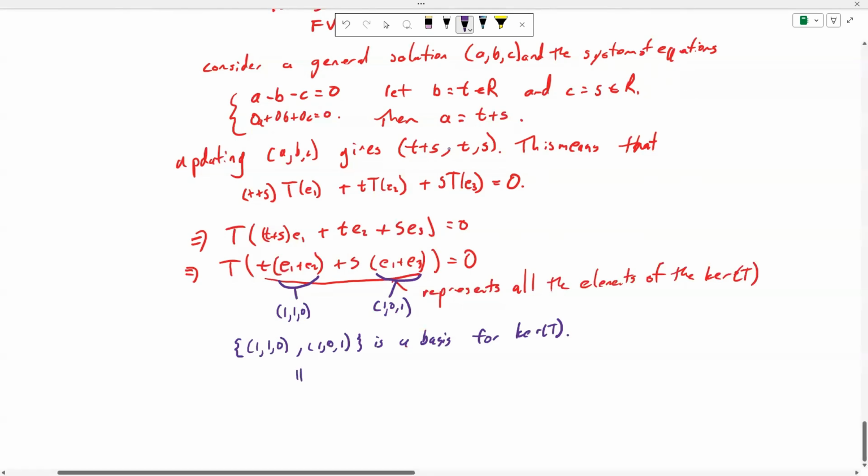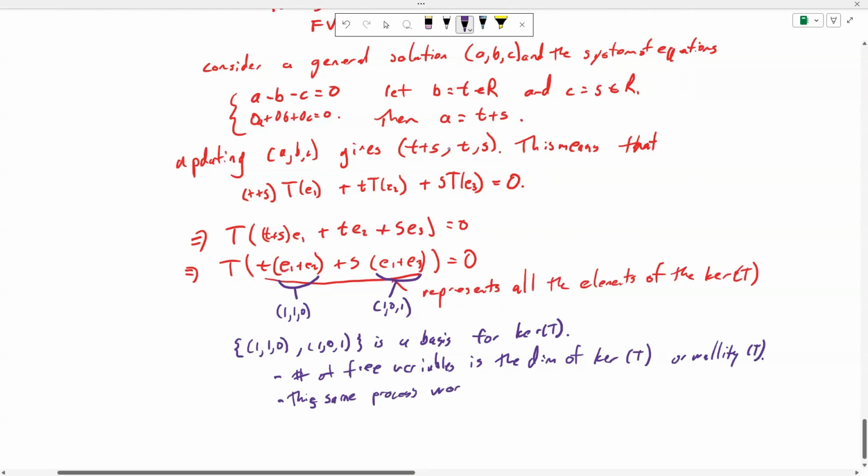Two things to note here. First, the number of free variables is the dimension of the kernel of T, or the nullity of T. And second, this same process works if we replace E1, E2, E3 with v1, v2, v3.